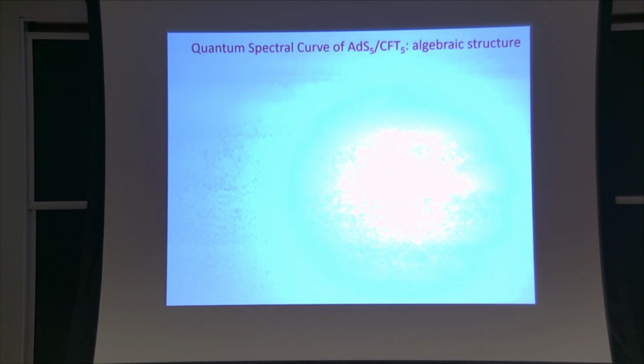It's not conformal if you take the gamma parameters real. Double trace couplings run. But if you tune the double trace couplings to a necessarily complex fixed point, you have complex conjugate fixed points, then it's conformal. And then it's described by the quantum spectral curve, which I will describe now.